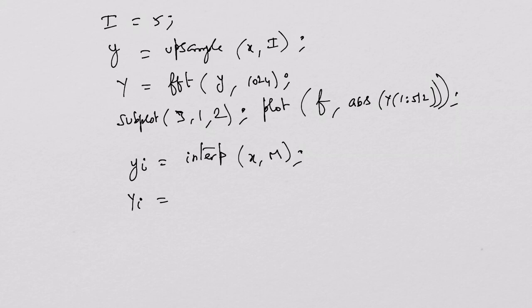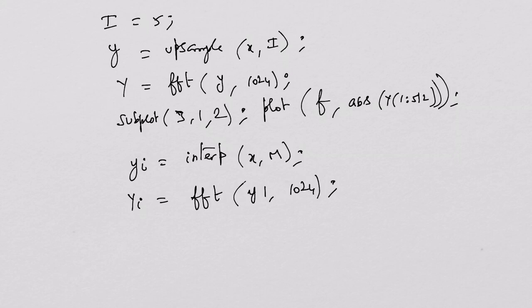How to apply the spectrum? Take the Fourier transform and keep y1 as the input, and the other factor is 1024, the number of frequency points. Computing the spectrum of the interpolated signal. Okay, how to see the result?